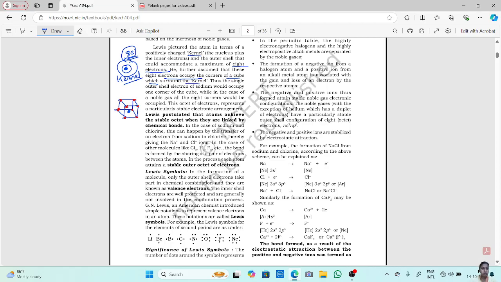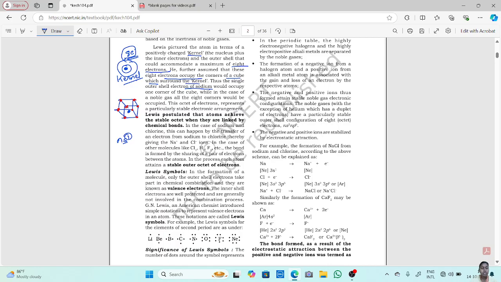Now, in our previous chapter we have seen the electronic configuration of sodium. In that there is ns1, one electron remaining in the s orbital of the last shell, right? So that one electron will occupy one corner of the cube, whereas noble gases, since they have a completely filled electronic configuration, will occupy all the 8 spots of the cube.